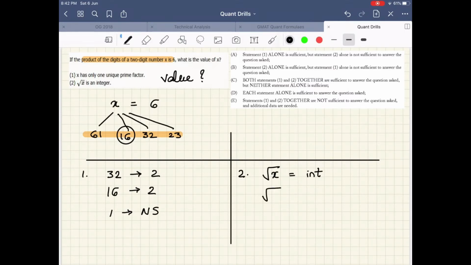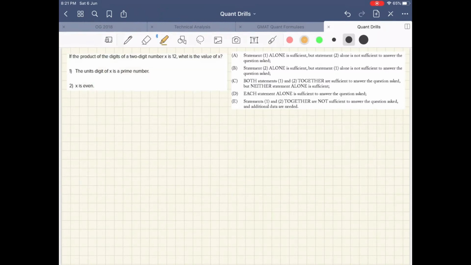The square root of 16 is 4, which is an integer. So we can say that statement 2 alone is sufficient to answer the question. Answer choice B.